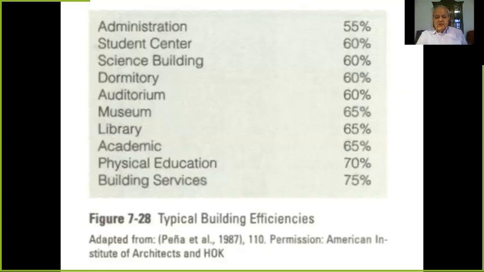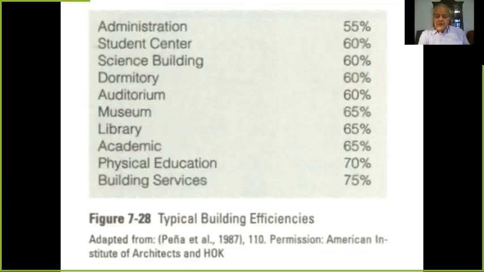So for administration offices, its efficiency is 55%. For student centers and science buildings, dormitory, auditorium, it's 60%. Museums and libraries and academics, they're 65%. Physical education and services, about 75%.